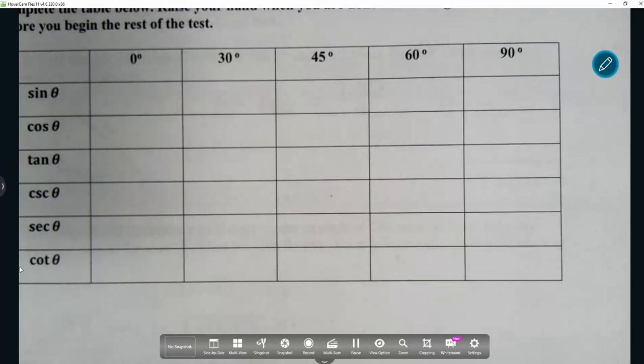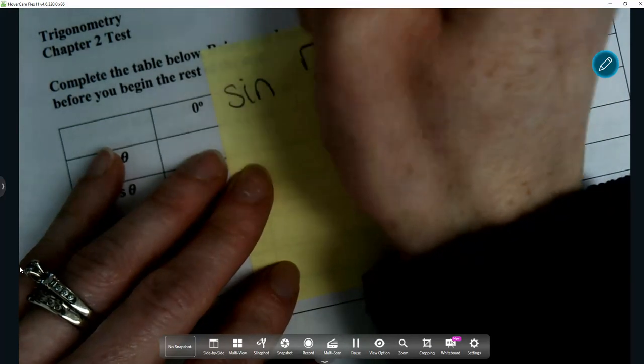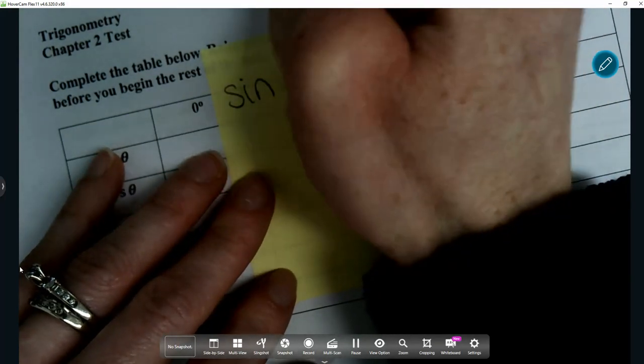But remember, when we are going through these, the patterns. And there's a blank one up here on my desk. If you want one, you can grab it. Sine is square root of the top over 2.